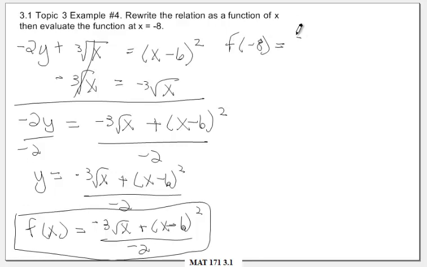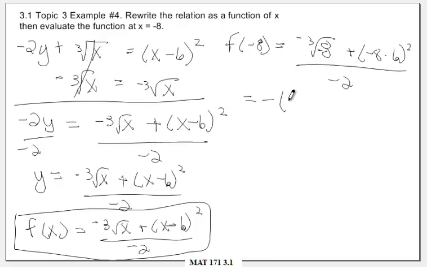So we're going to have negative cube root of negative 8, plus negative 8 minus 6 squared, divided by negative 2. Well, the cube root of 8 is 2, so the negative cube root of negative 8, because it's an odd root, is a negative 2. So this is going to give us the negative of a negative 2 plus negative 8 minus 6, which is negative 14, divided by negative 2.